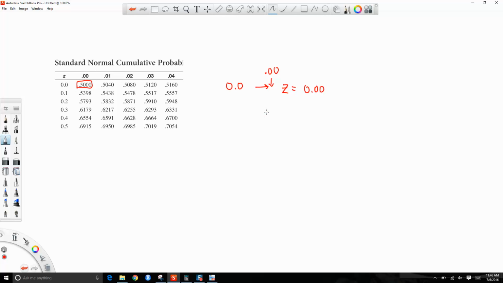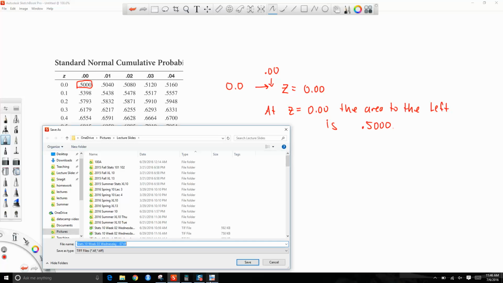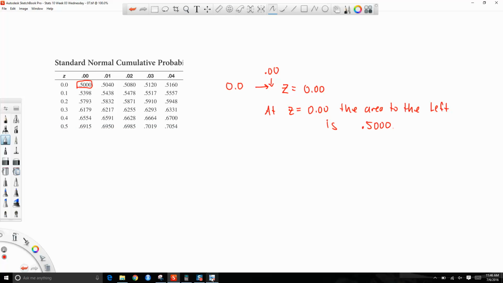So at z equal to 0.00, the area to the left is 0.5000. That's what this table says: if I draw a vertical line at z equal to 0.00, the area to the left is 0.5000, or 0.5 basically, which is exactly what we showed on the previous slide.